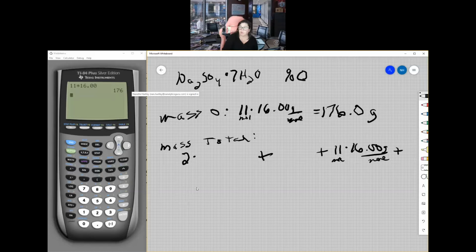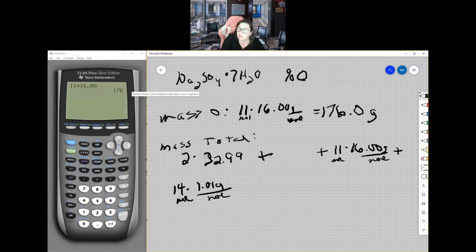and some other stuff we're going to get to in just a second. We have 14 times the mass of the H, and this is grams per mole. 2 times the mass of sodium, okay, sodium is number 11, it's 22.99 grams per mole.